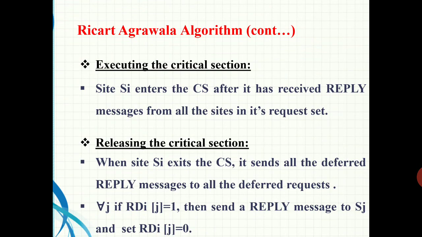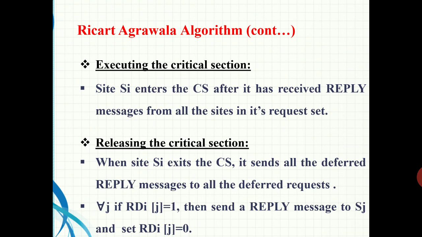If we send a particular reply to process Pj from Pi, then we will change the entry for process j in the request deferred array of that particular process Pi.